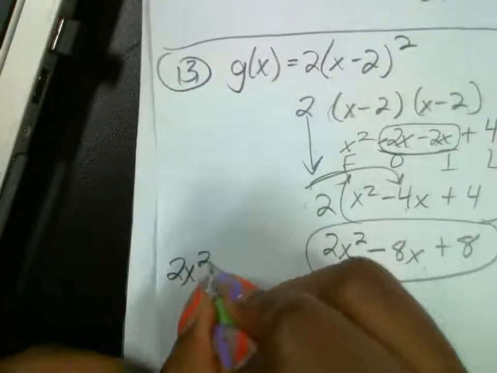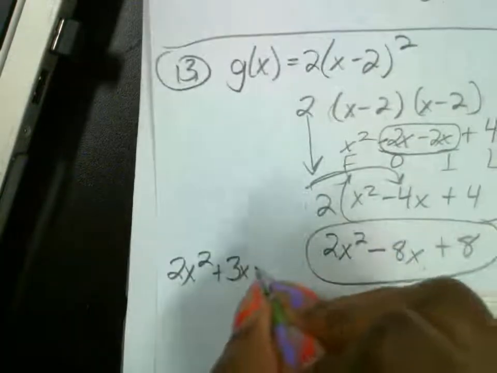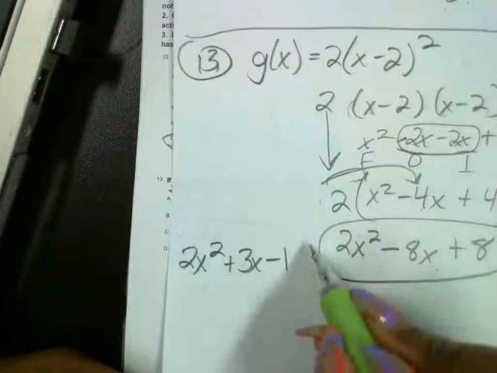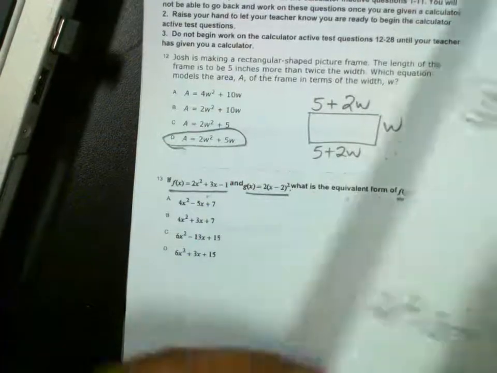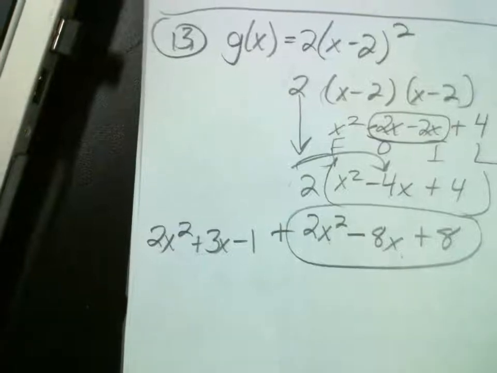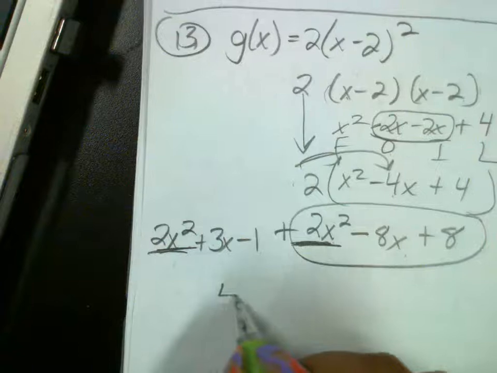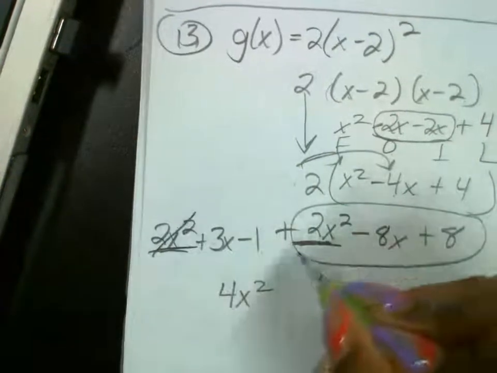So the other equation that you're going to add is the 2x squared plus the 3x minus 1. And I wrote this one first because it came first. F of x came first, okay? Not that it matters because you're adding, but it just came first. So the combined like terms, that's this one and this one. So that's 4x squared.